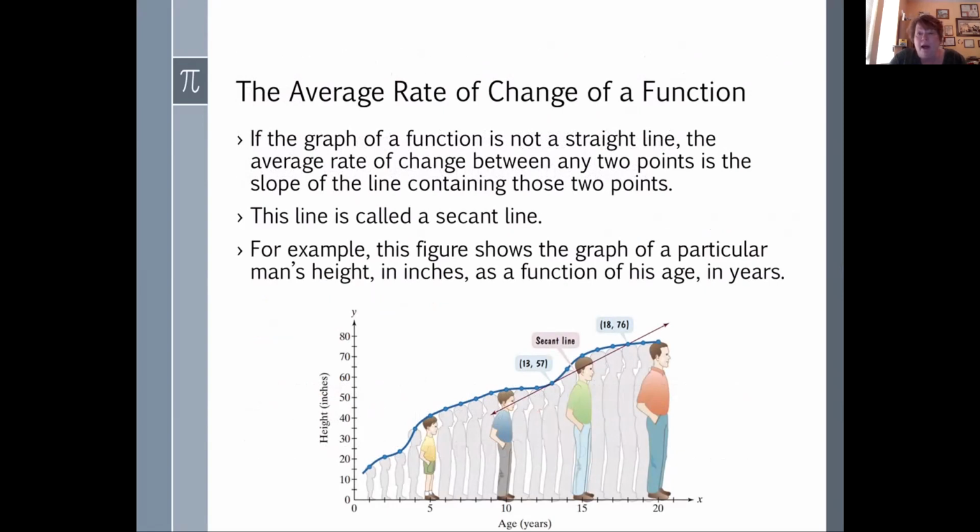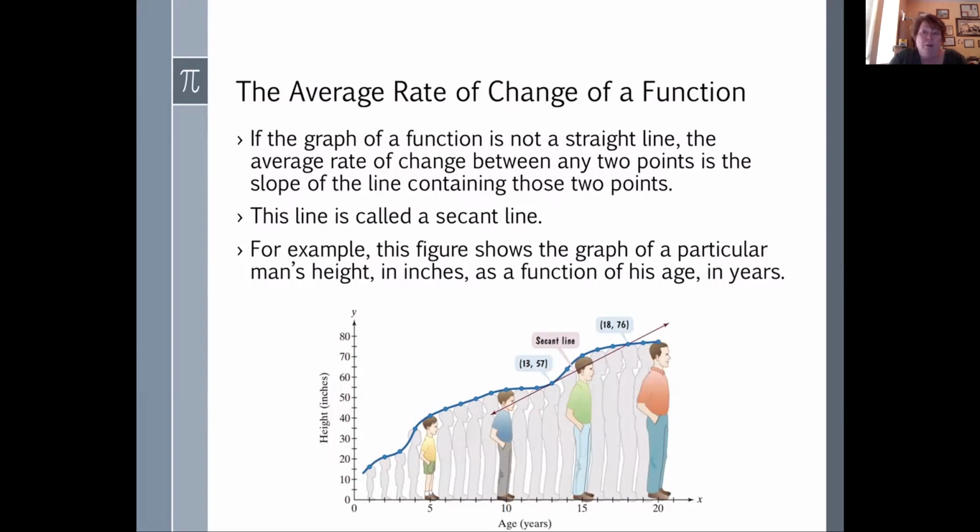So if we have a graph like this one down here representing the heights of a young man, it's not linear. However, we could find the average rate of change of his height between any 2 points. So we could pick 2 points. In this case, we picked the point (13, 57).